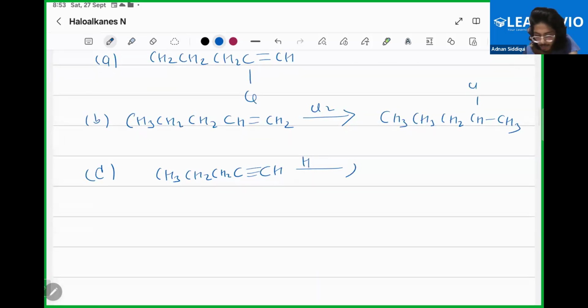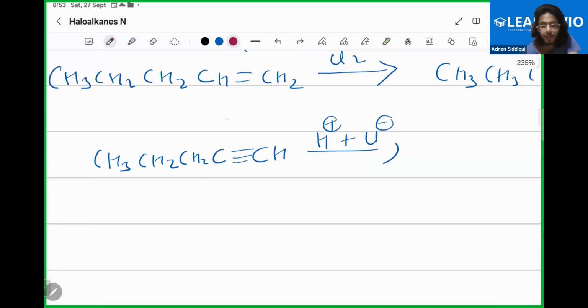HCl will be dissociated in what form? H positive and Cl negative. Is it clear what I just did? What I have told you is that if I have a pi bond, I can delocalize it. So I can do an attack from this double bond and I can pick this hydrogen.